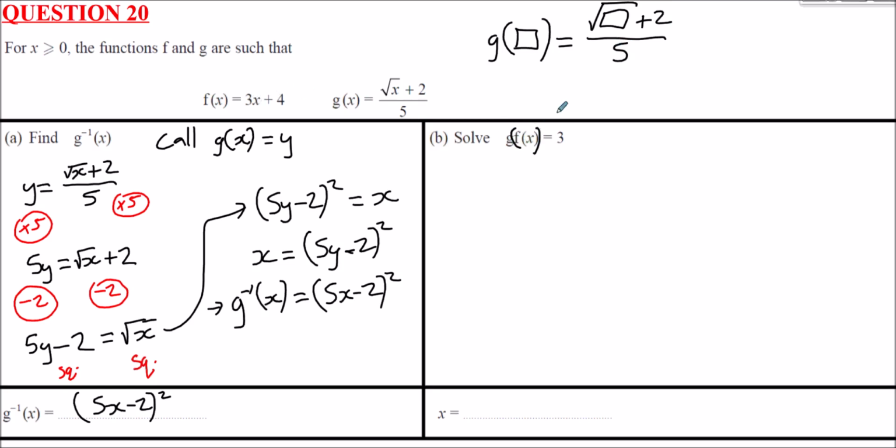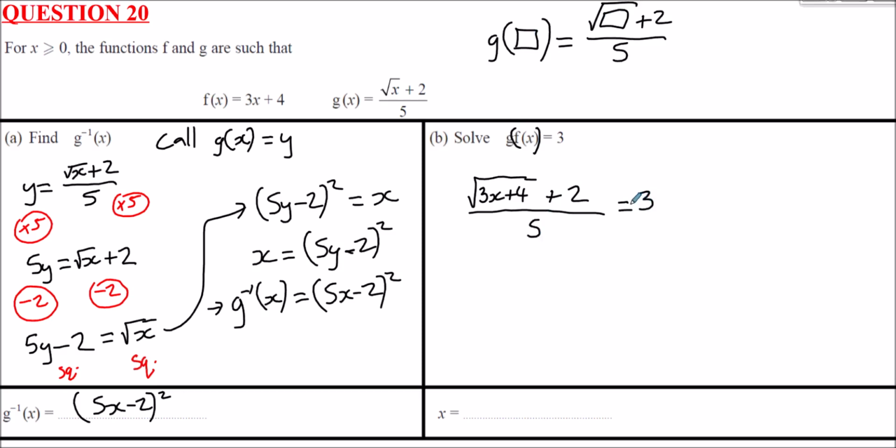So g of f of x is the same as not the square root of x plus 2, but the square root of f of x, then plus 2. So f of x is 3x plus 4. So instead of just having an x here, we put 3x plus 4. In other words, that's f of x. So then plus 2 all over 5, that equals 3.